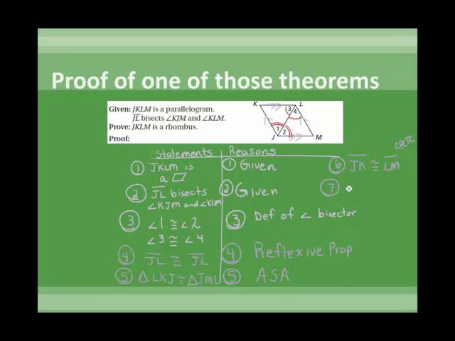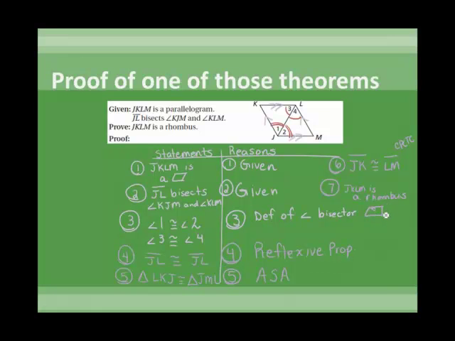then lastly, we can say that JKLM is a rhombus. And the reason we're allowed to say that is because we have a parallelogram with one pair of congruent sides. So that implies a rhombus.